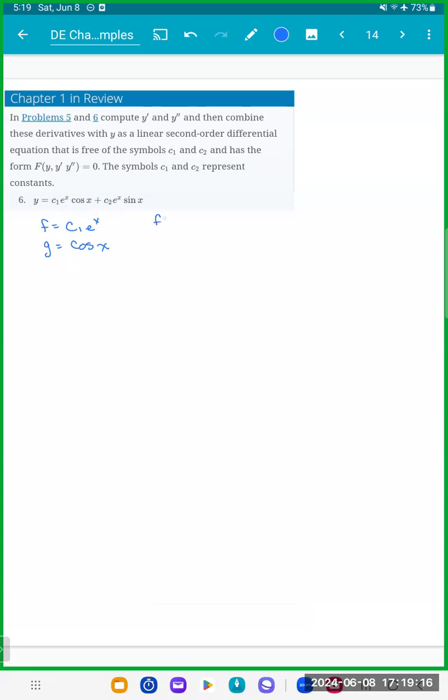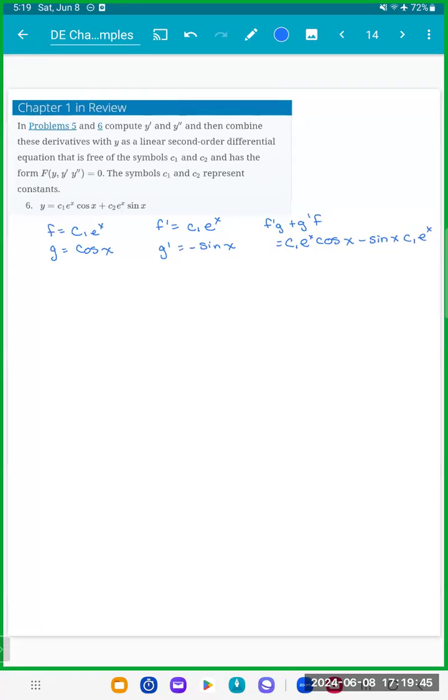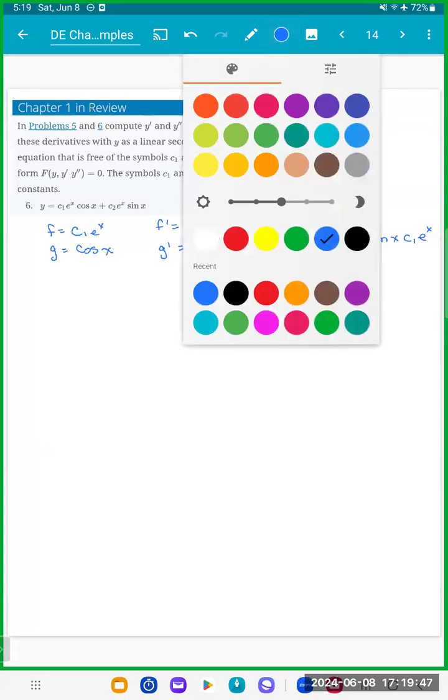So that gives me f prime is equal to c1 e to the x, and g prime is equal to negative sine of x. Okay, so when I look at f prime g plus g prime f, that gives me c1 e to the x cosine x minus sine x c1 e to the x. Okay. That is just the first half, right?